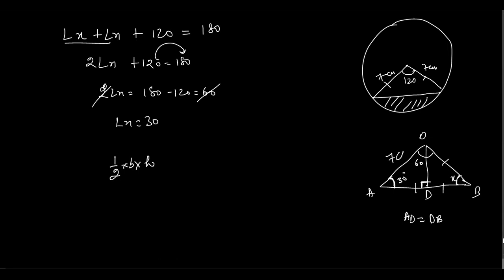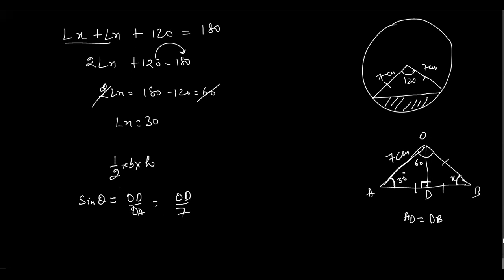We know this is 7 centimeter. So you can use this sine theta, because perpendicular upon this one is actually sine theta. So you can write here sine theta is actually equal to OD upon OA. OD is actually OD and OA is actually 7.